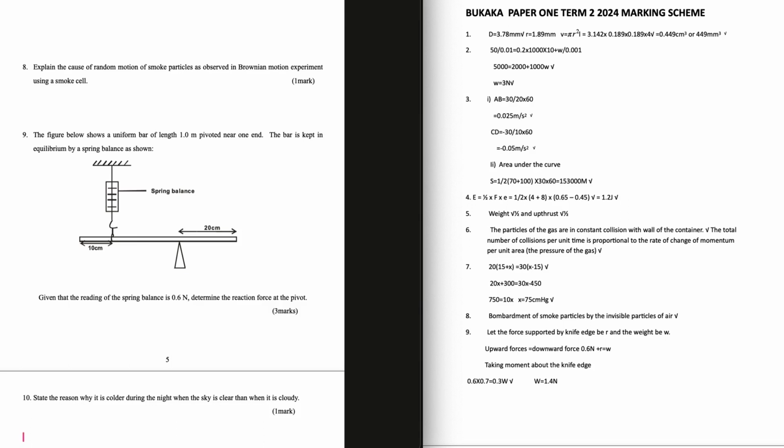Let the force supported by knife edge be R and the weight be W. This is how you determine the reaction of the force at pivot.